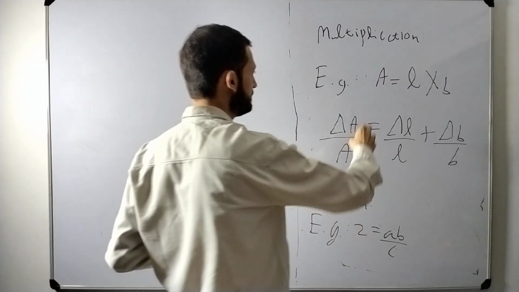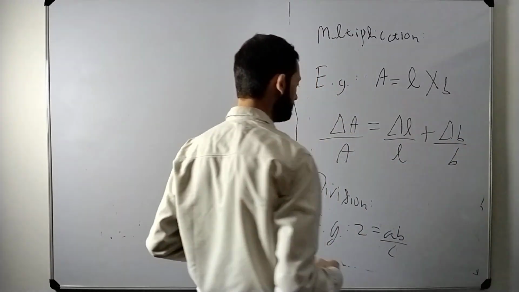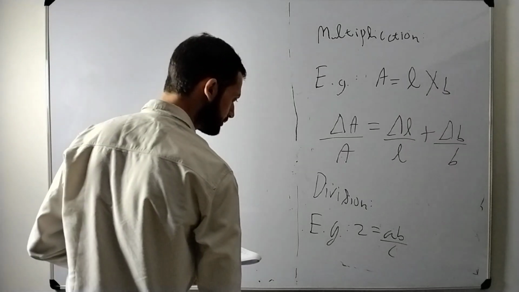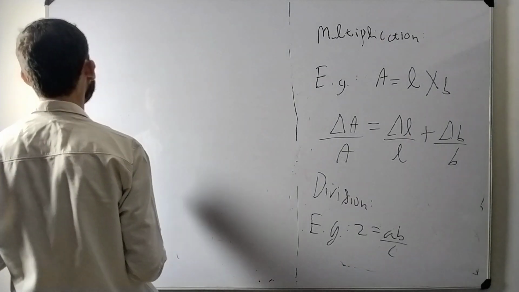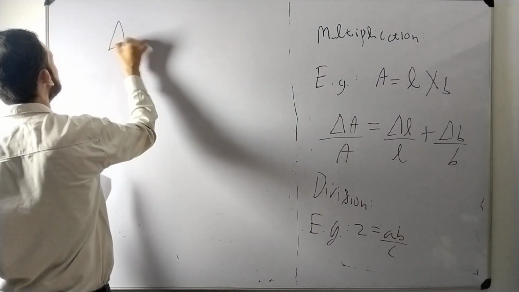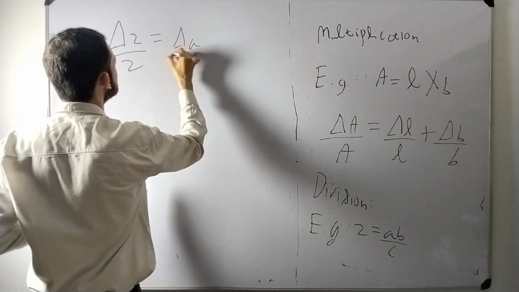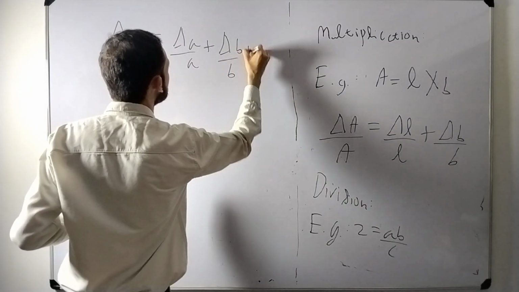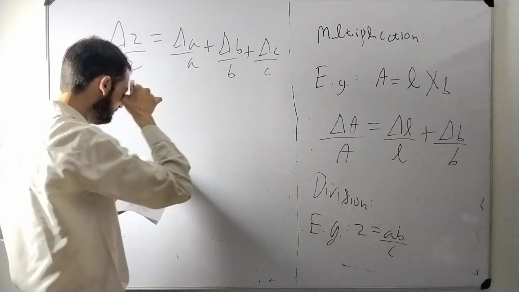You have area here, length and breadth. This is the basic representation. How would you deal with division? So it is multiplied also. Del Z upon Z equals del A upon A plus del B upon B plus del C upon C.